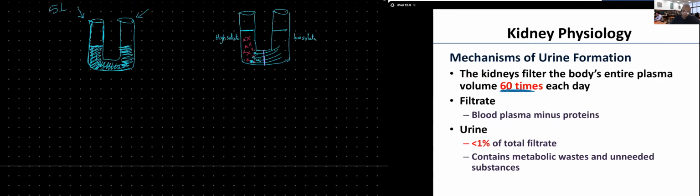All right, so looking here at the mechanism of urine formation, every droplet of plasma gets filtered 60 times per day. Filtrate, if you remember, is plasma minus proteins. Why plasma minus proteins?